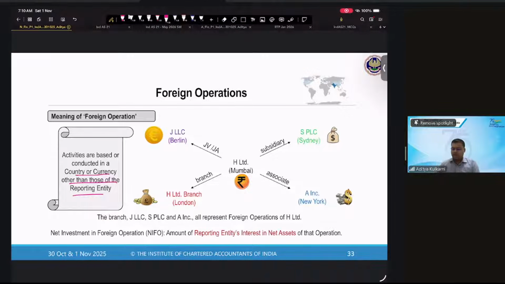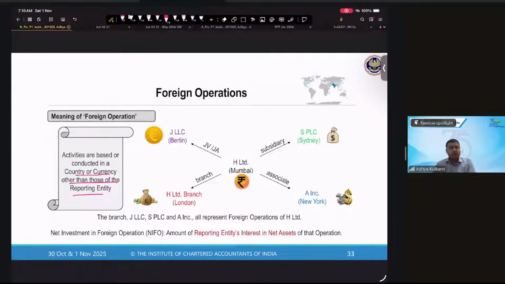For example, suppose I have a holding company H Limited based out of Mumbai. It is having a limited liability company based out of Berlin, where euros is your functional currency. It is having a subsidiary in Sydney, S Private Limited Company. So their Australian dollar becomes your functional currency.